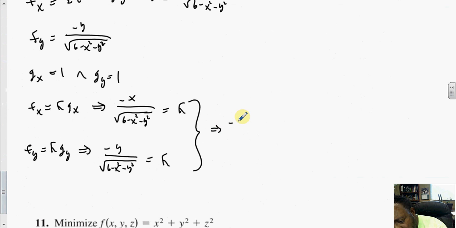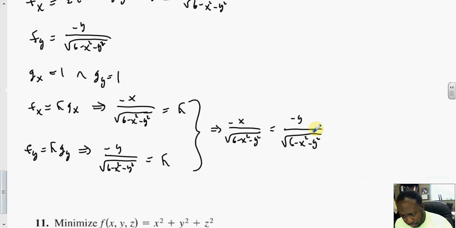So this implies that negative x over the square root of 6 minus x squared minus y squared is equal to negative y all over the square root of 6 minus x squared minus y squared. Multiply both sides by a negative in the common denominator, and you end up with x equal to y.